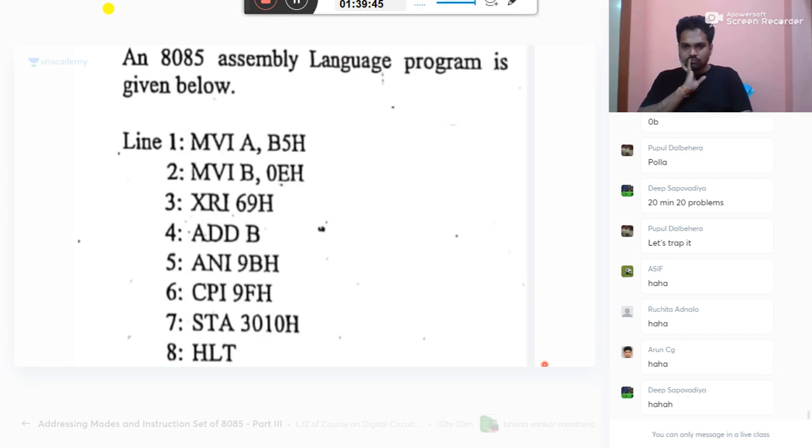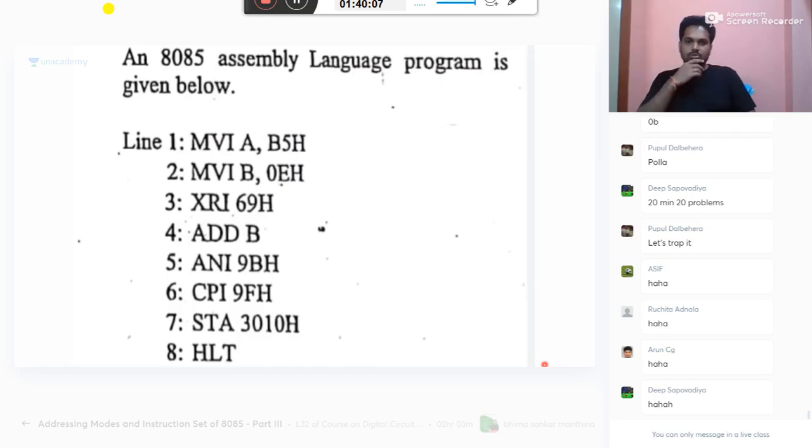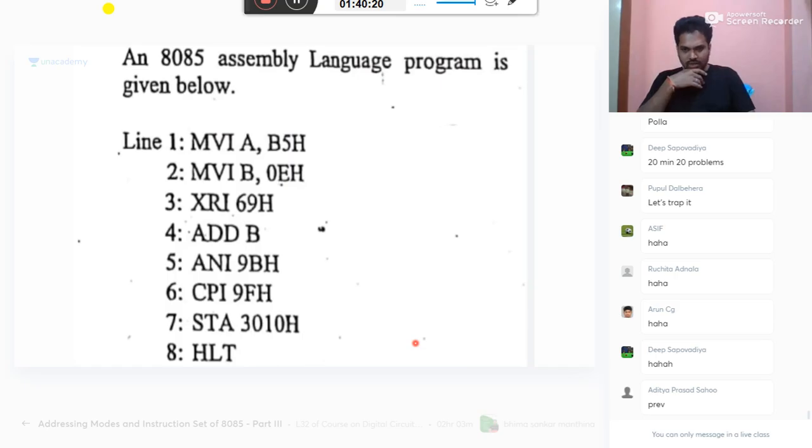One minute. I'm not able to find the question. But read this. First do this part. Get ready. I will load the question part. Where are they?